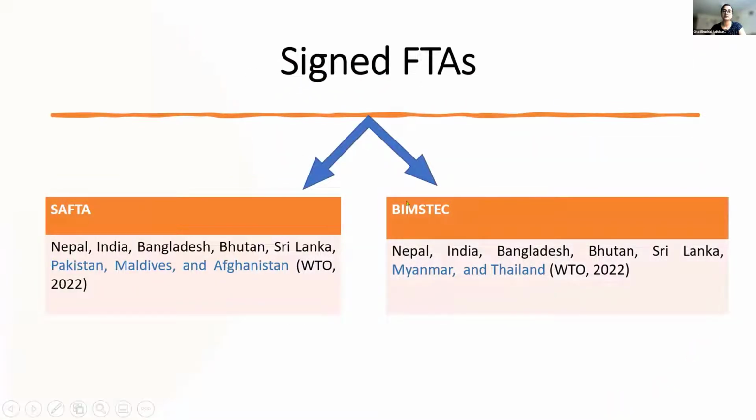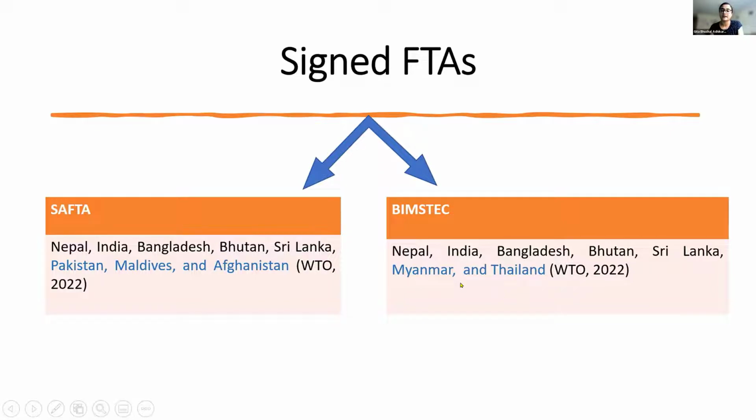The only difference between these two FTAs is that SAFTA has three additional member countries, Pakistan, Maldives, and Afghanistan, while BIMSTEC has different member countries, namely Myanmar and Thailand. So in this study, when I talk about SAFTA and BIMSTEC, I'm talking about these respective countries.